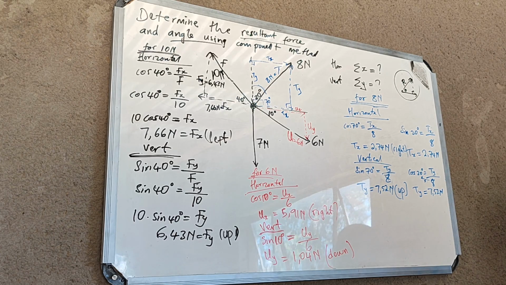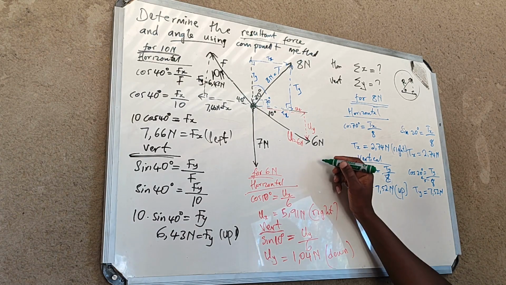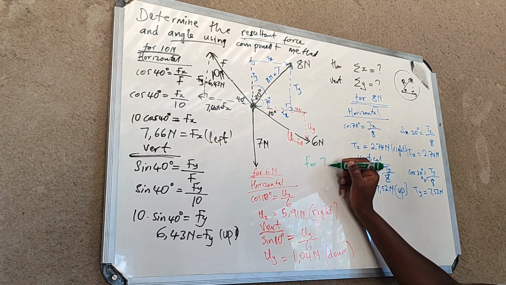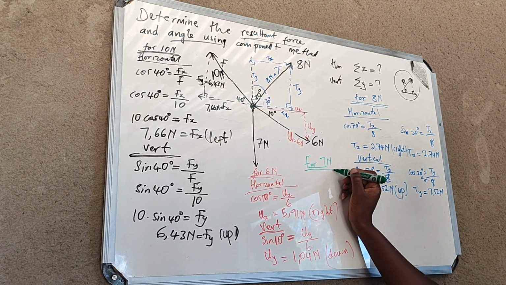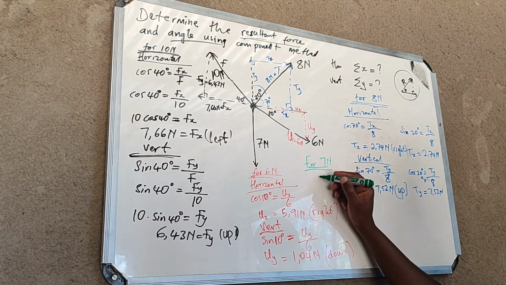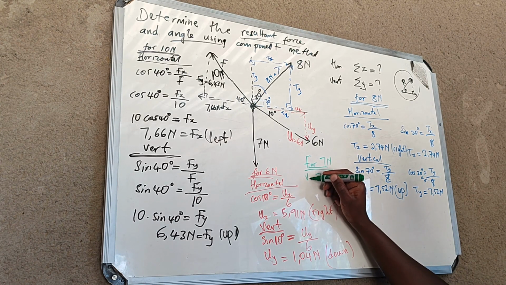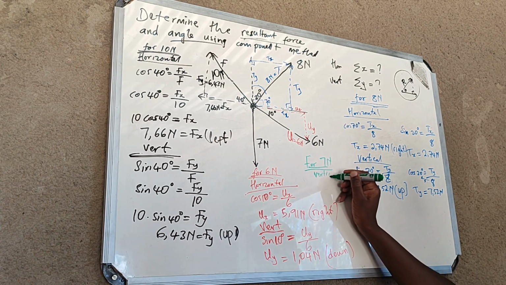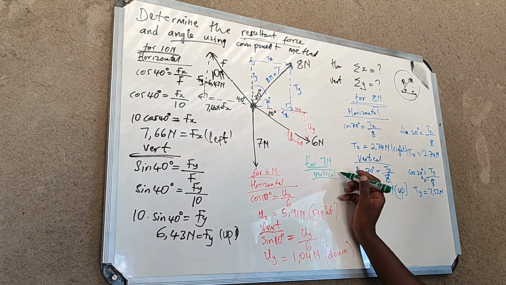Now, what is left? We are aiming for the 7 newton. For the 7 newton, do we have any component? This will simply be only vertical again. It's only vertical.